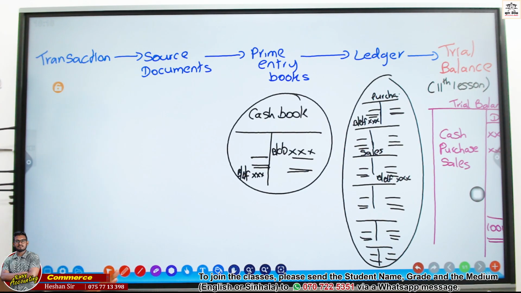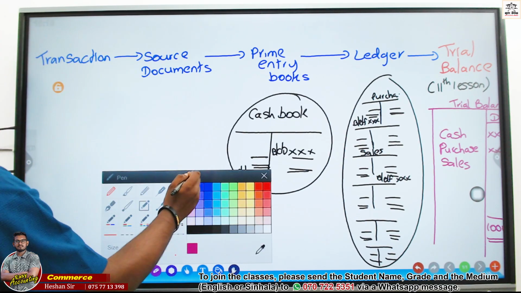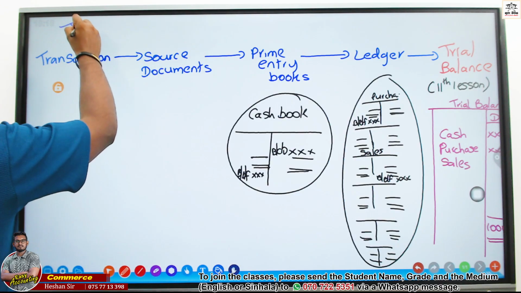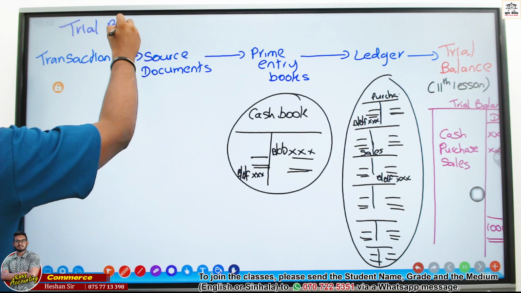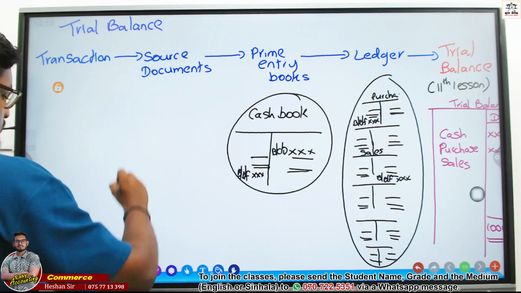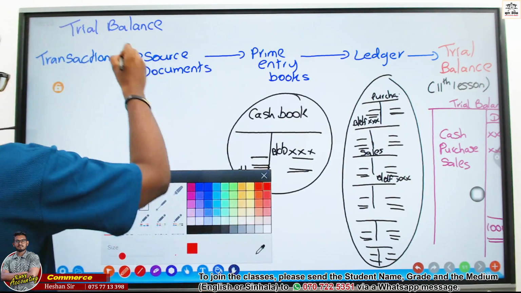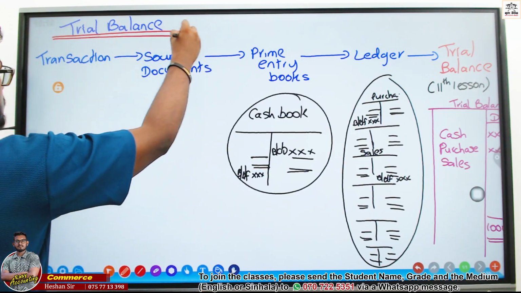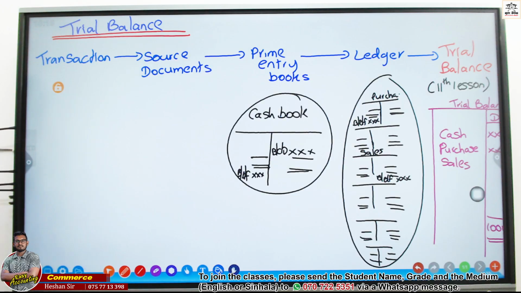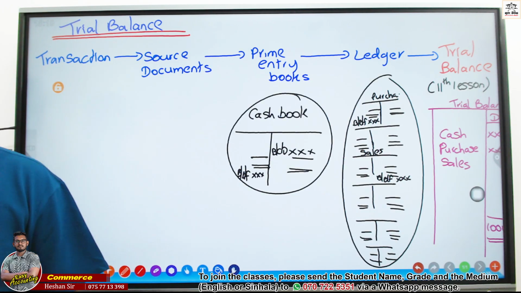Write the heading trial balance. Faster.